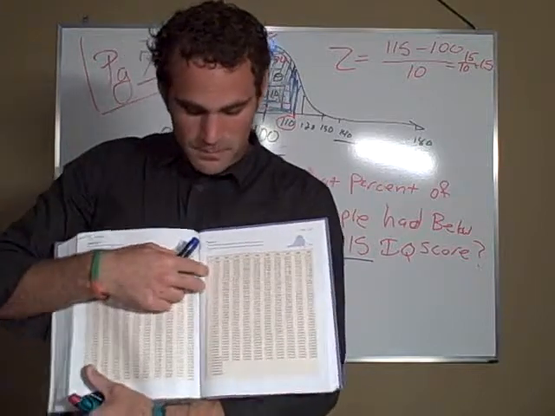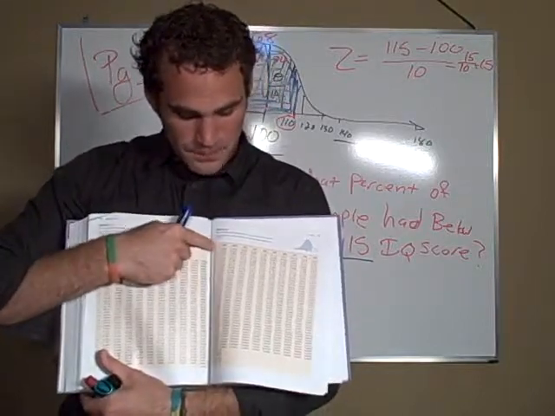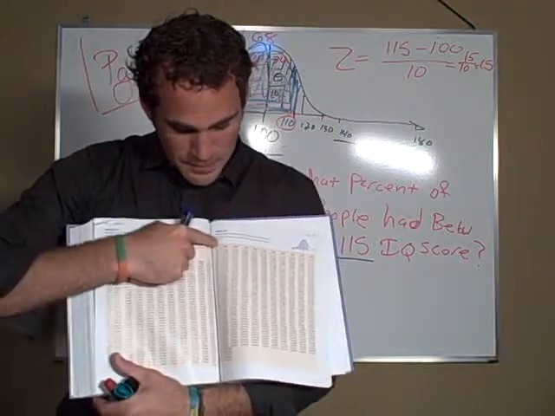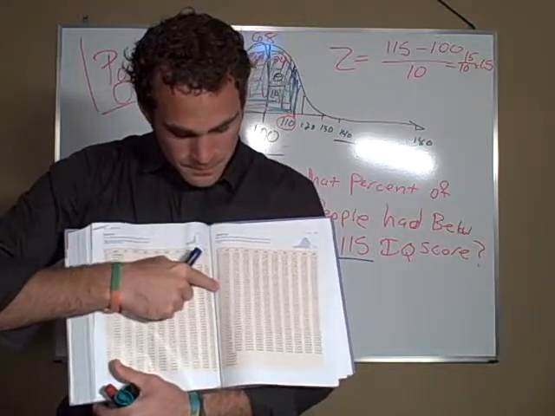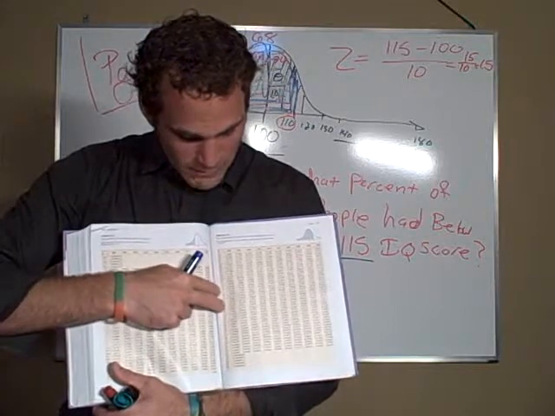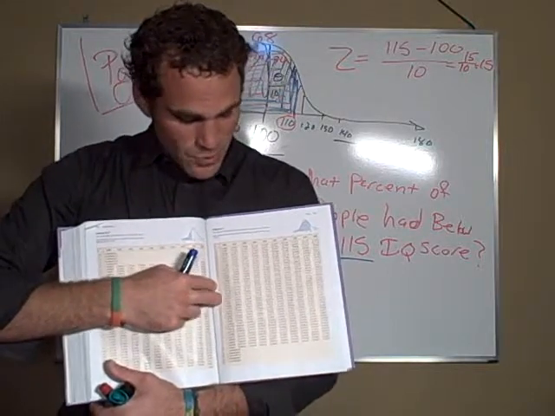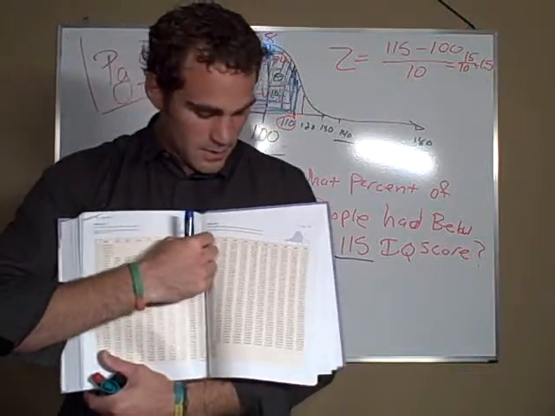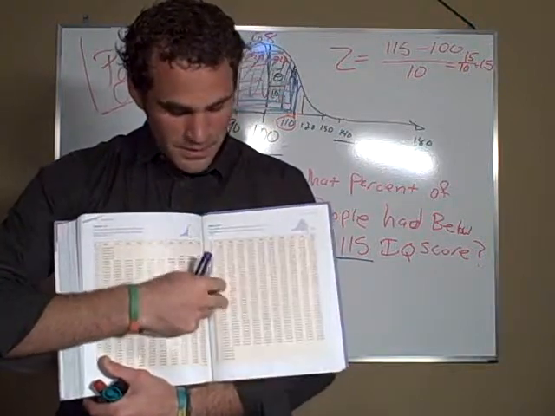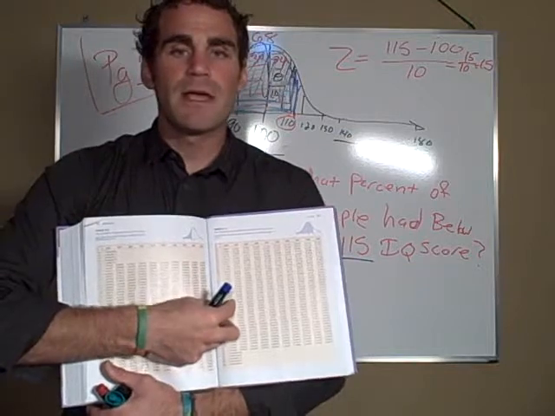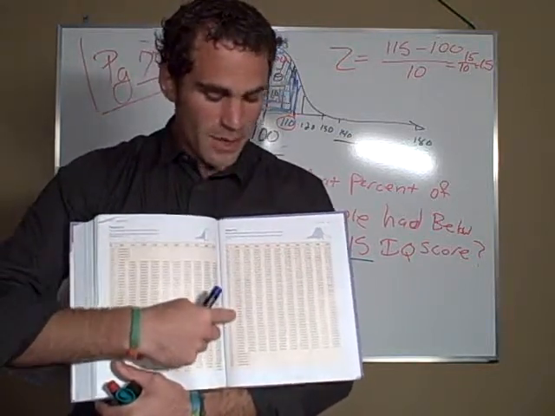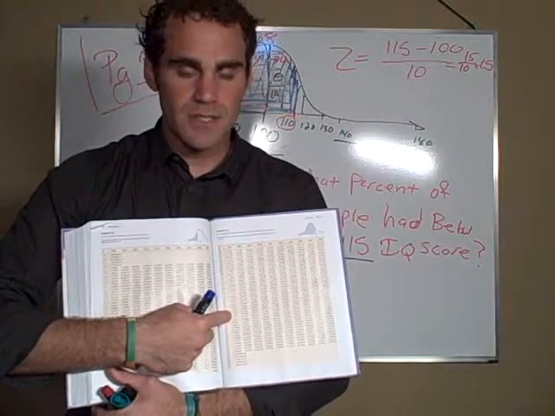How does this work? Well, for now, we're going to deal with the first two columns. If you go down to 1.5 and you go over to the first column, notice that this gives you your ones digit and your tenths digit, and your second column gives you your hundredths digit.